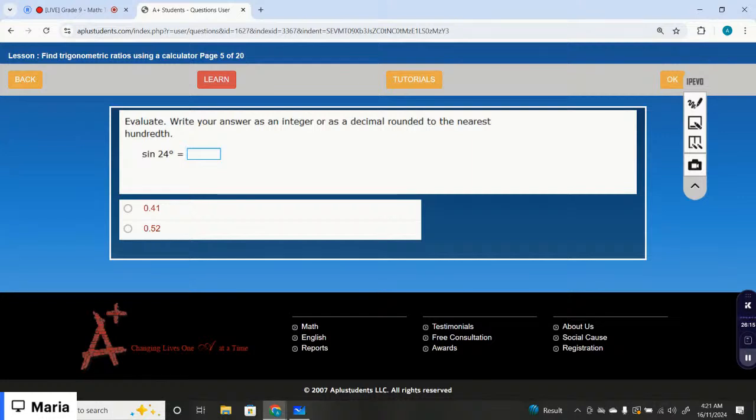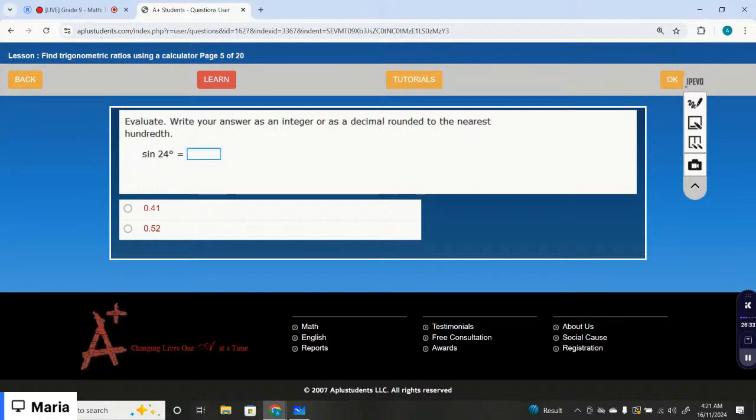Sin 24, so which is the correct option? That is 0.41. Option number 1 is the correct option.